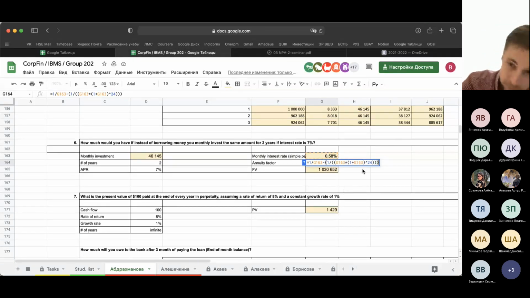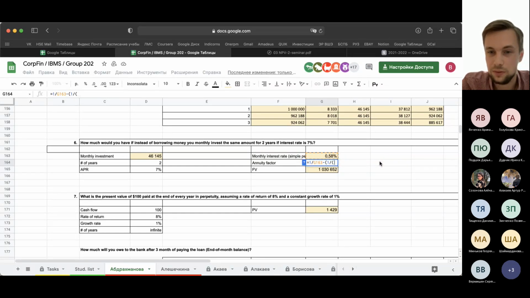Well, what's the problem? Let's look at it. We need to think about the parentheses. So we have these brackets. The interest rate multiplied by 1 plus interest rate to the power of 24. Let's put this in brackets also.